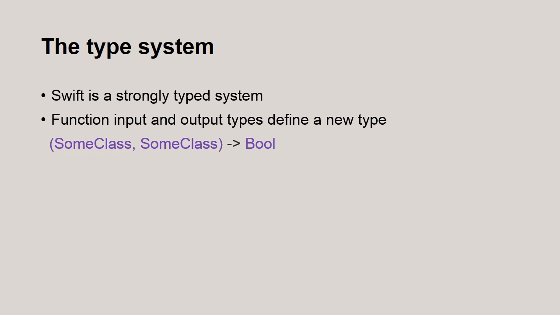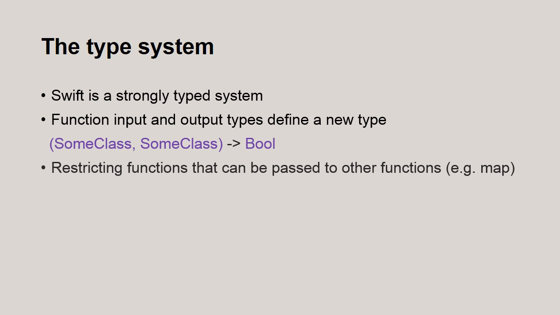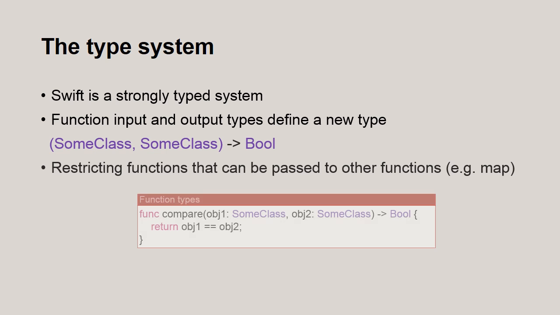This one would then be some class, class, bool. You'll learn more about this later. This is important for functional programming because it means you can restrict the kinds of functions passed into higher order functions. Using map as an example, any function that's passed to map should take a collection of values and return a collection of values.